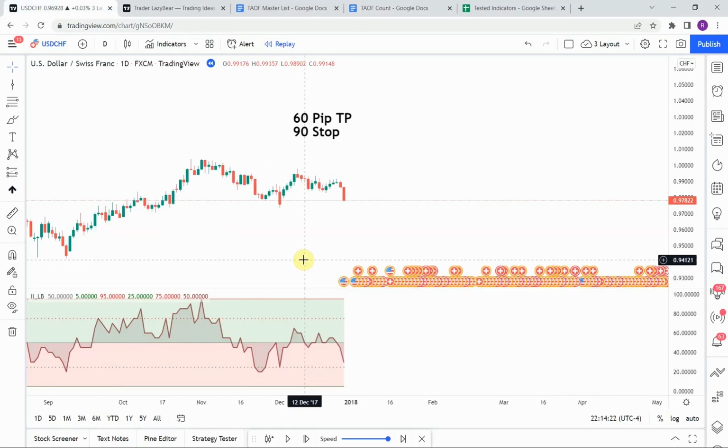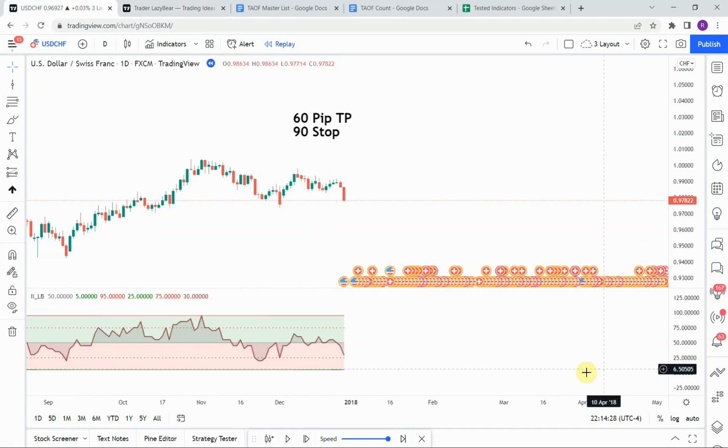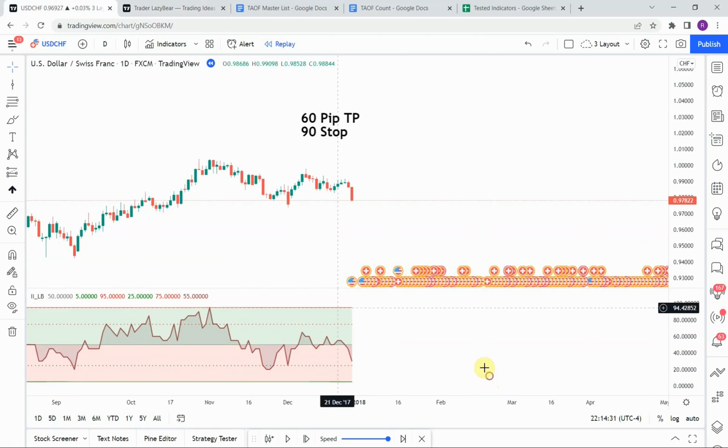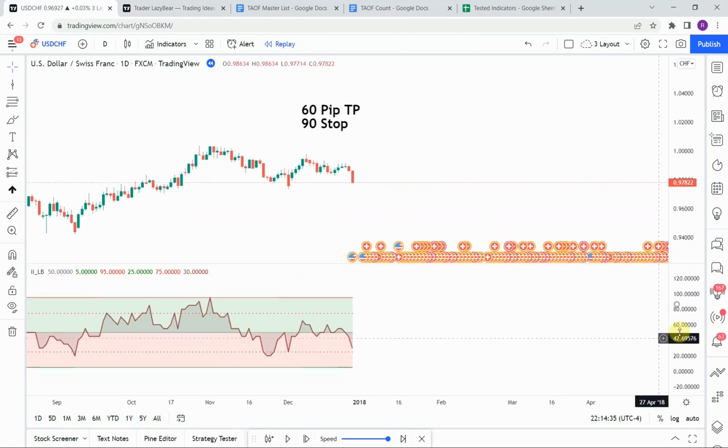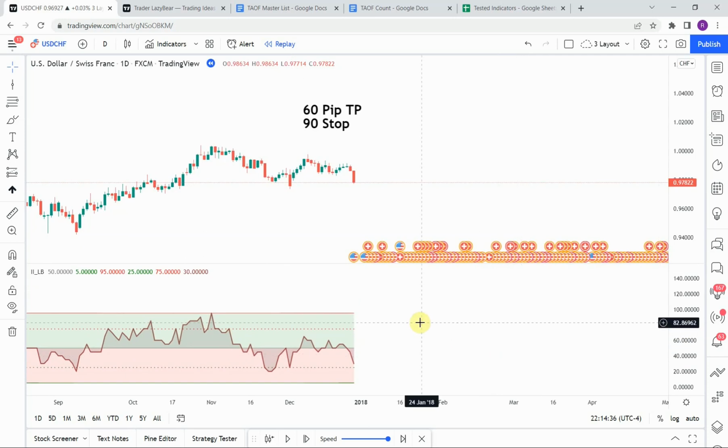Okay, so today's indicator is the Insync index indicator, and you can see it here on the bottom of the screen. There are a few different ways that you can use this indicator according to the creator.